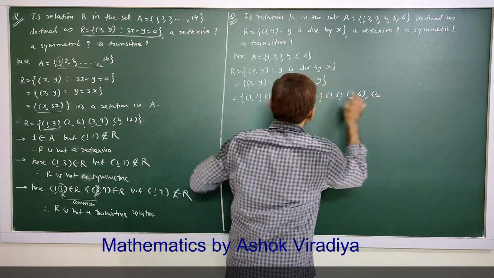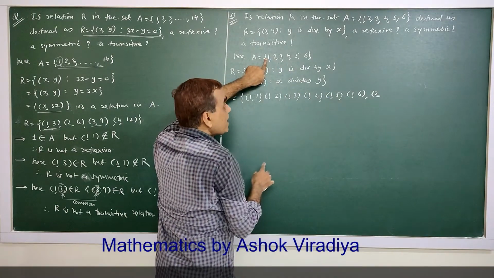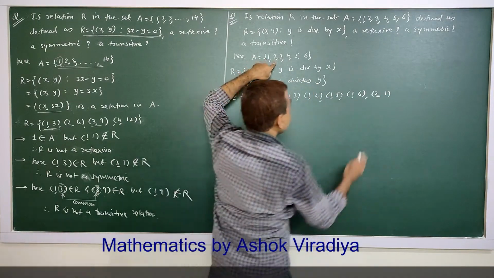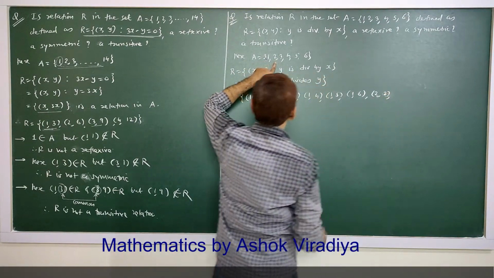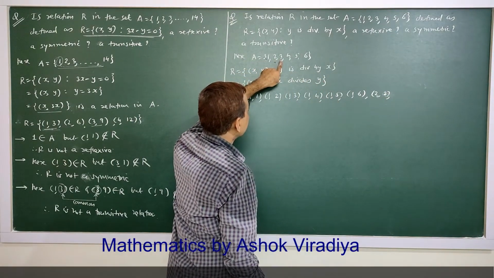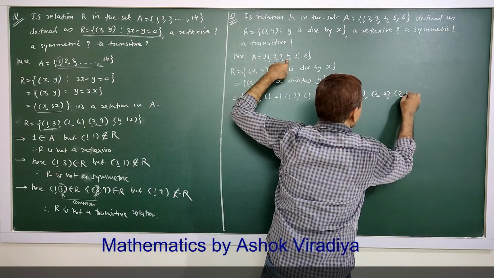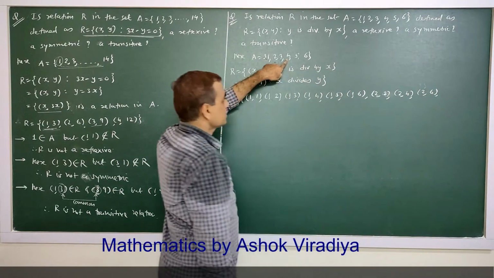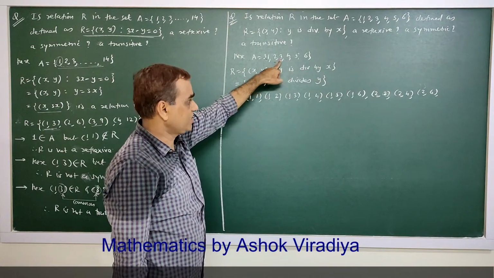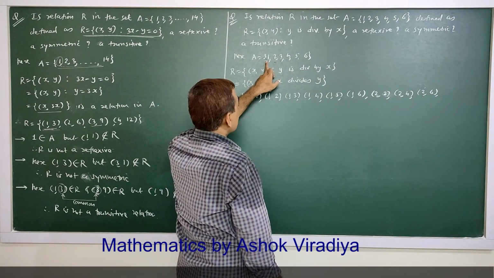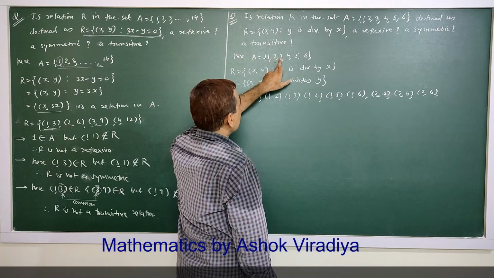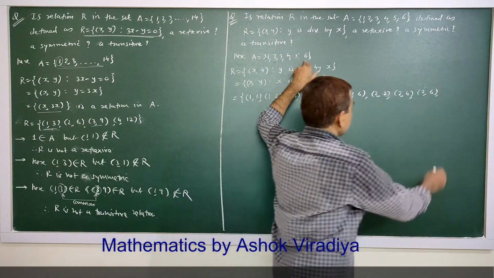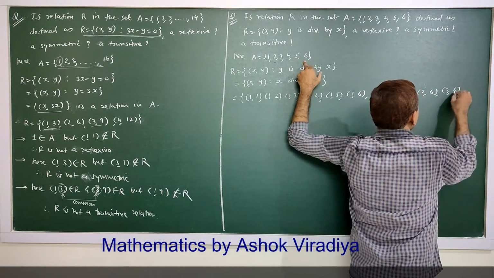Then 2 does not divide 1, so 2, 1 is not allowed. 2 divides 2. 2 does not divide 3. 2 divides 4. 2 divides 6. Then take 3. 3 does not divide 1, 2, 4 or 5. 3 divides 6.